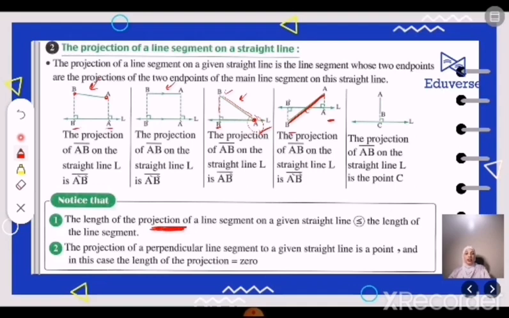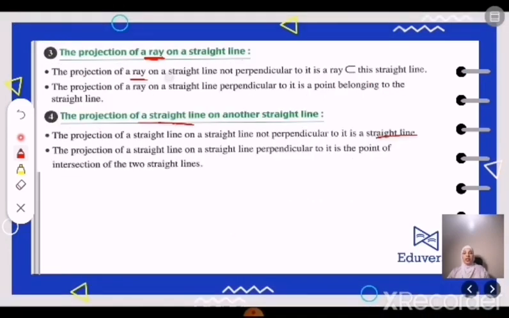The length of the projection of a line segment will be less than or equal to the length of the original line segment. Only in one case, the line segment perpendicular to the straight line, both points project to a single point on the straight line, so its length will be 0. As we were saying, the projection of a ray will be a ray, a subset of the straight line, except when the ray is perpendicular to the straight line, then its projection will be a point belonging to the straight line.